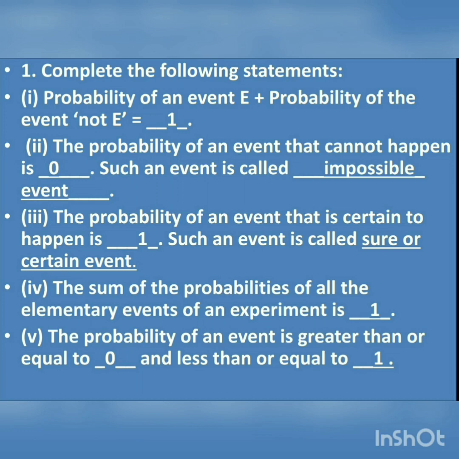Number 3: the probability of an event that is certain to happen is 1, and these events are called sure events or certain events. Number 4: whenever we add all the probabilities of elementary events, their sum is always equal to 1. The probability of any event is greater than or equal to 0 and less than or equal to 1.